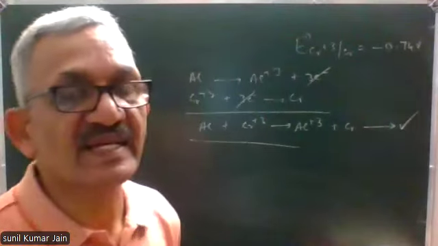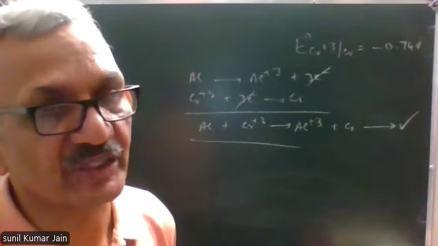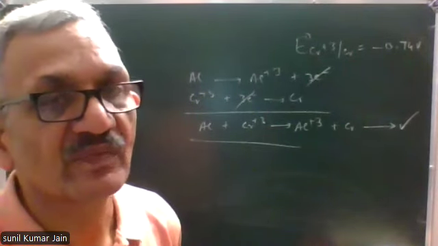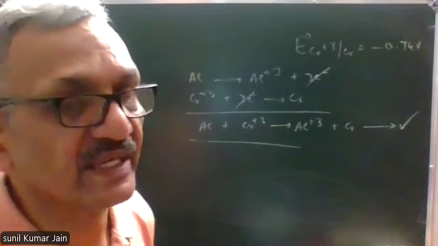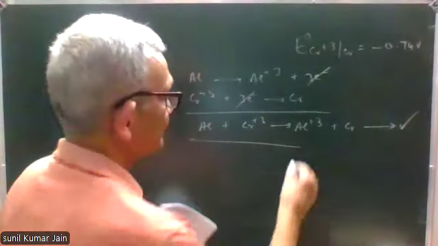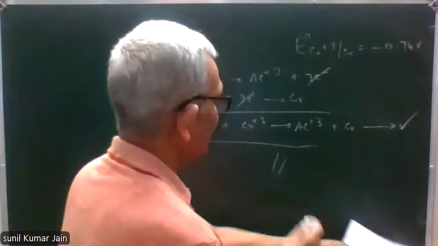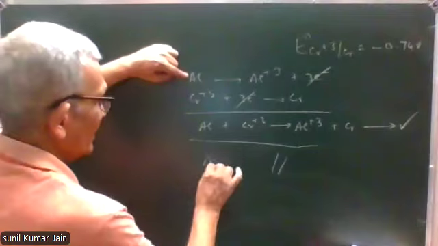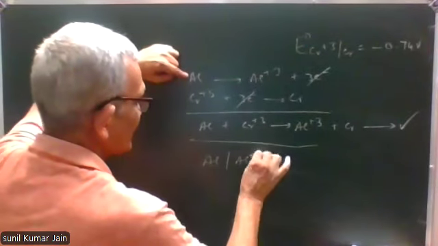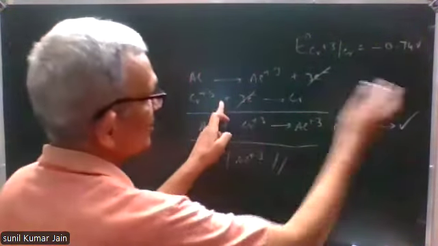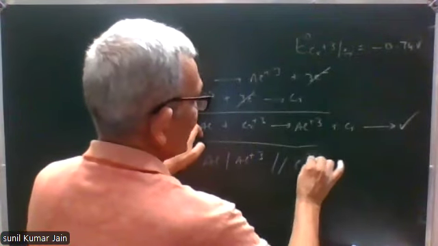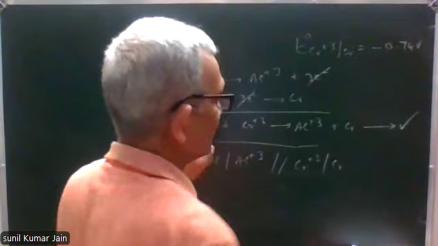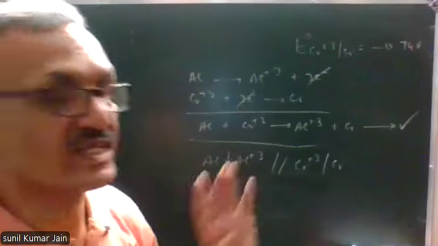This is one answer, that is the cell reaction. Second, we have to write the cell notation. Salt bridge at the center, anode on the left, aluminium oblique aluminium ions. Cathode on the right, this will be chromium ions oblique chromium. This is the second answer, that is the notation.